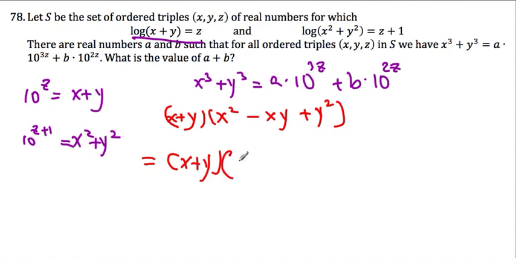Then what we could have done is x squared plus 3xy, well, let me just rewrite it in a different way. This one in fact is equal to x plus y squared minus 3xy.